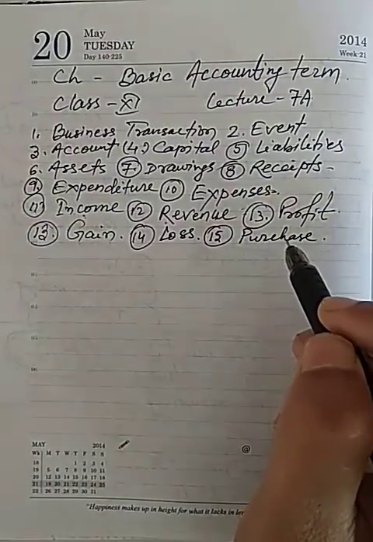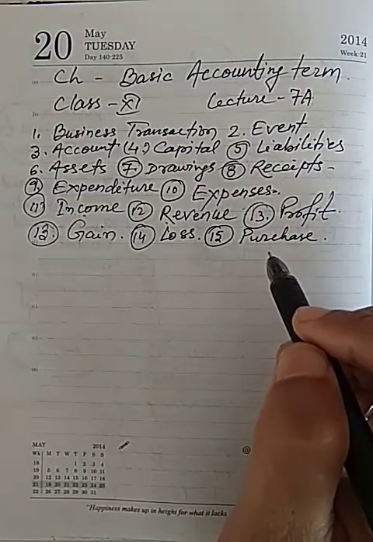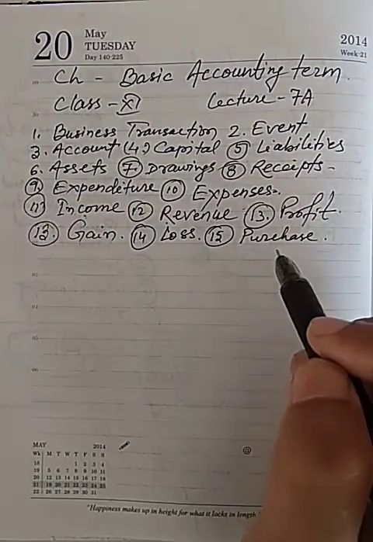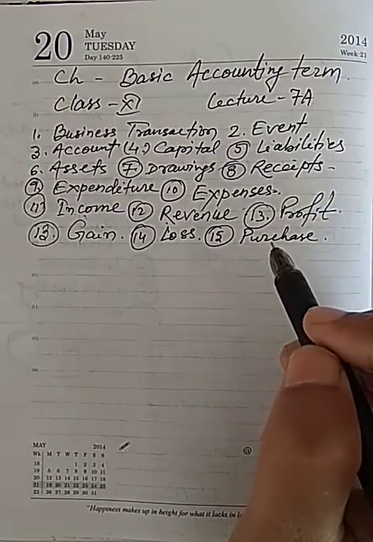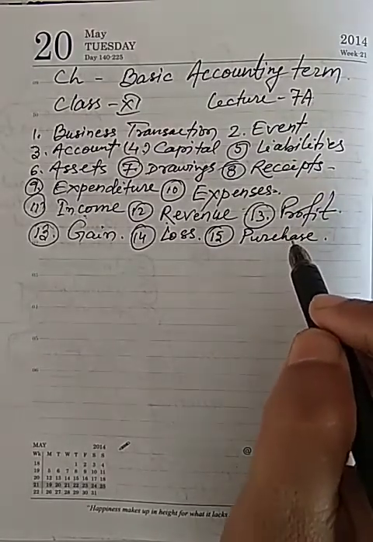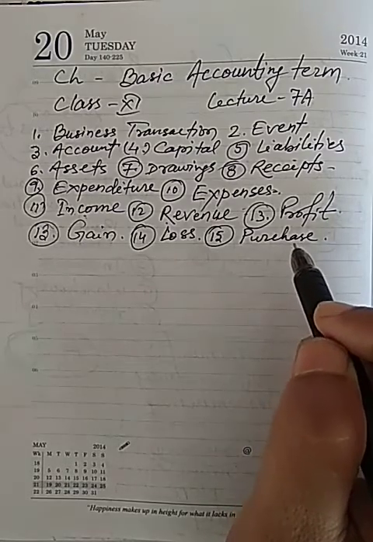For example, if a cloth dealer purchases cloth for sale, the cloth so purchased will be called goods.